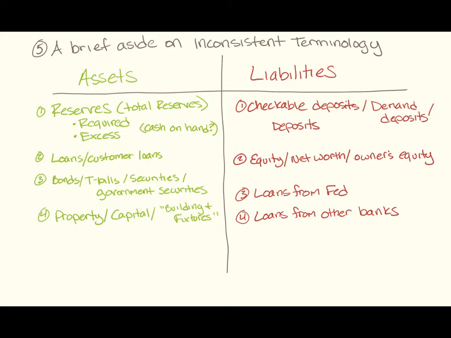Most often it's listed as owner's equity, but lately they've started to list it a little bit more commonly as net worth. So usually the way the AP exam has it lately is owner's equity and then in parentheses net worth. So make sure that if they see net worth, that's a little bit of a weird way to go about talking about equity. Make sure that they know that that's the same thing as owner's equity. It's basically a stock outstanding, and it goes into the liabilities column.